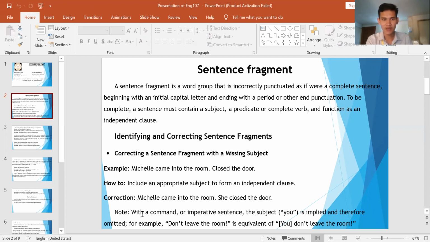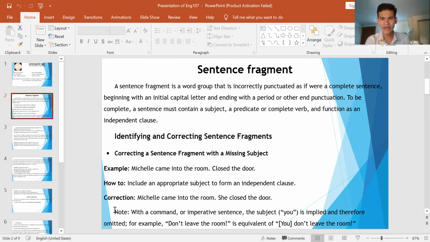As you know, when a sentence doesn't have a subject, you need to add a subject to form a correct sentence. Note the command or imperative sentence. What is an imperative sentence? An imperative sentence is a sentence where you don't need to add you, like when you want others to do what you want, such as please stand up, don't go out, please close the door.